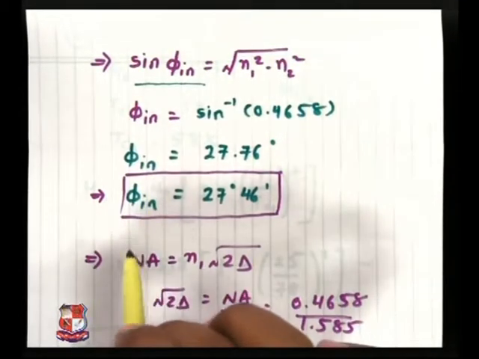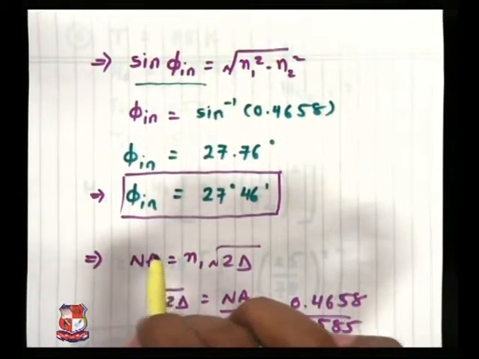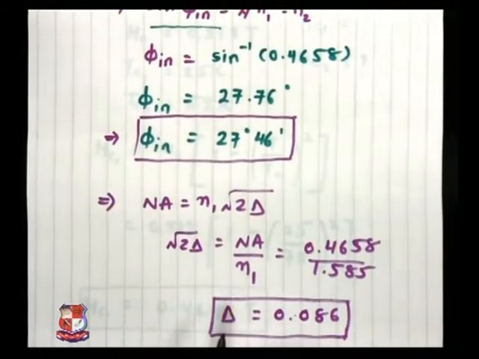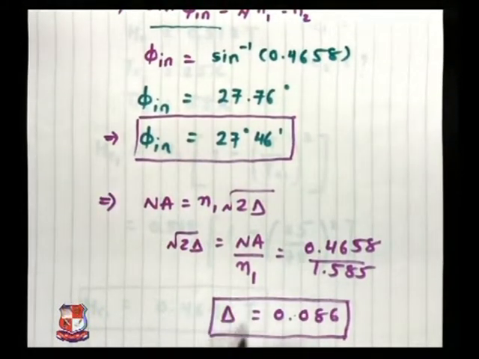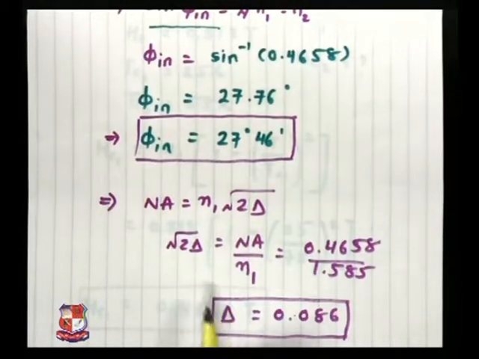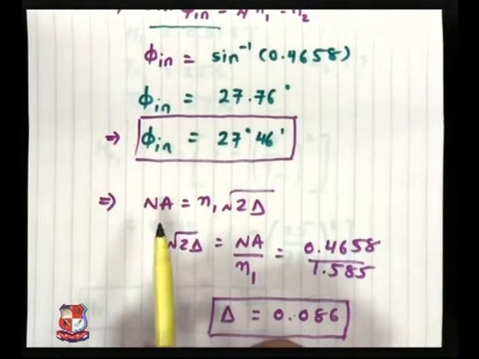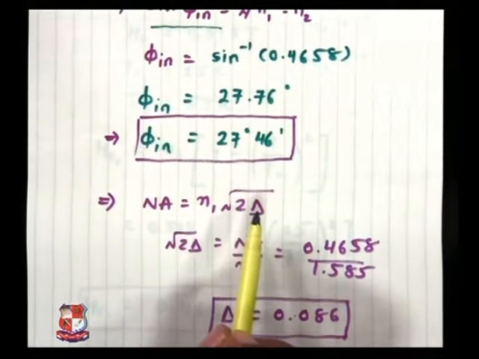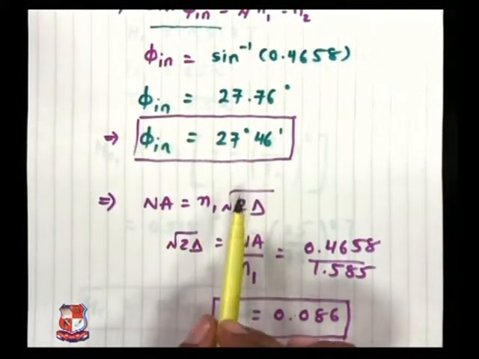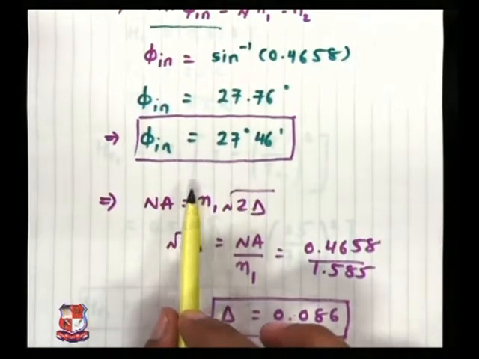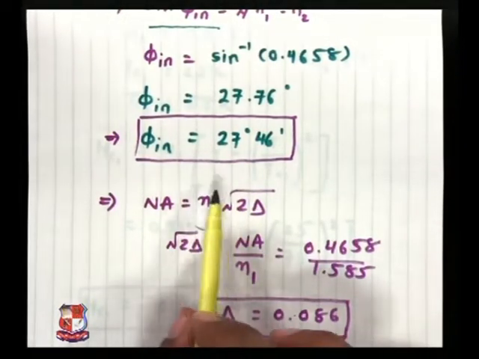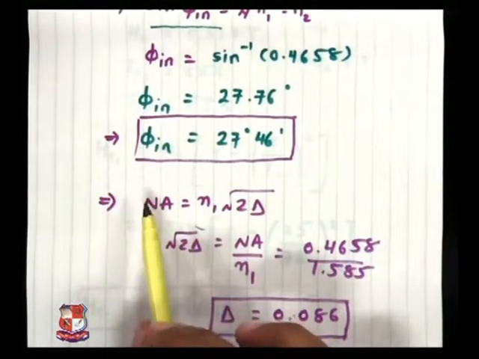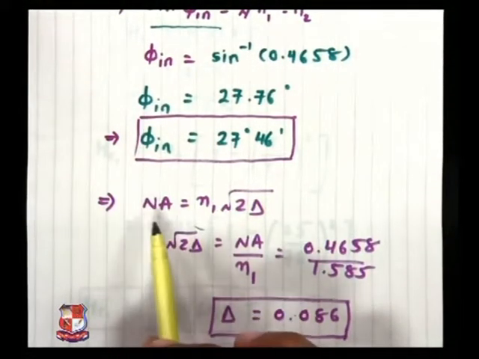Now there is one more equation through which we will calculate delta. Delta represents the relative refractive index. Numerical aperture is equal to eta 1 into under root 2 delta. Eta 1 is the core refractive index and numerical aperture is already calculated by us.